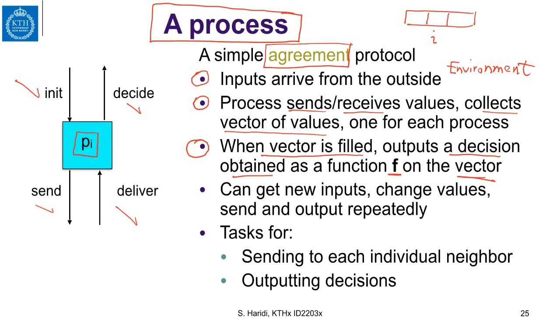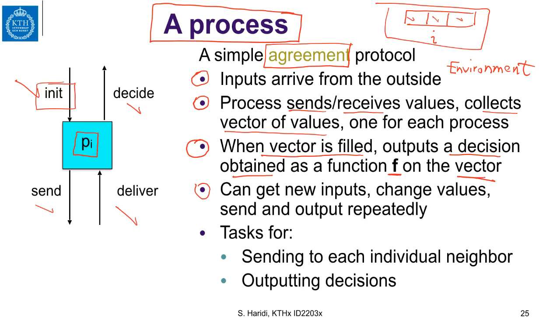Its external environment through init will initiate one of the elements here, and the other elements will be communicated by other processes. And once such a vector is filled, the process will perform an output action, which is decide, which is a function of that vector. So a process can get new inputs.